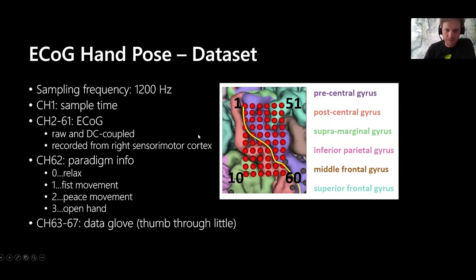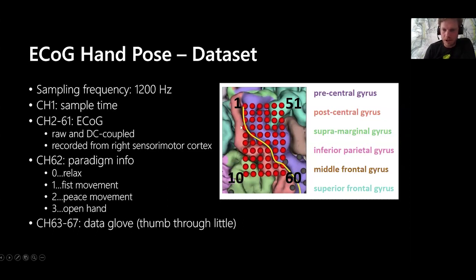High gamma activity, this biomarker, is the power change of those frequencies. For example, when you take 60 to 150 hertz, band pass the signal in this range, and then compute the power, you will see a very strong power change when the subject is doing something. You will definitely see that if you're doing the processing correctly.